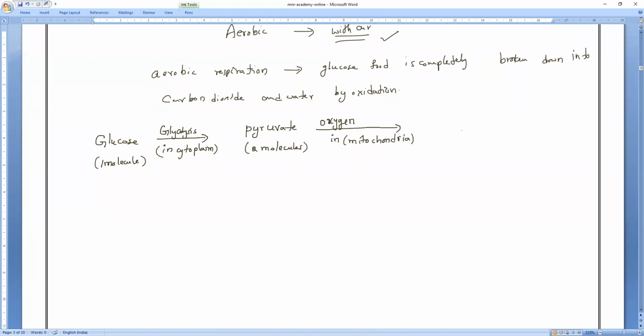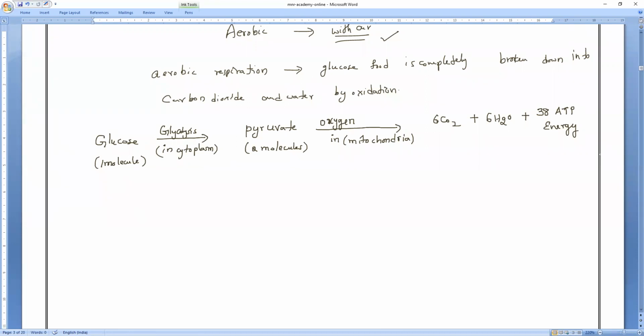Clear? So it will form by complete oxidation 6CO2 plus 6H2O, and it will release energy in the form of what? Everybody, ATP, stored energy. So one molecule of glucose will produce 38 ATPs. That is what you have to remember.